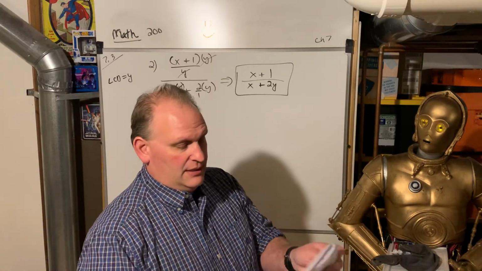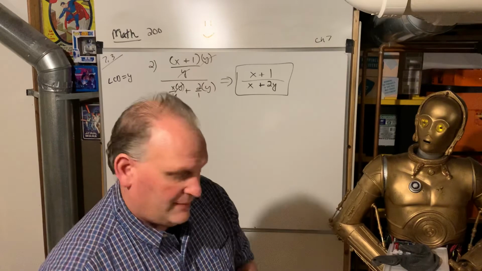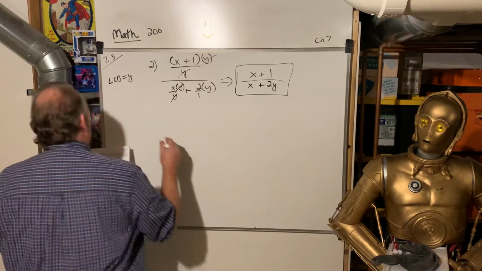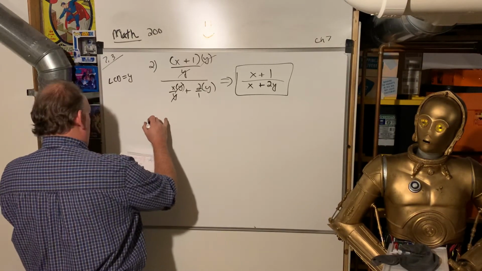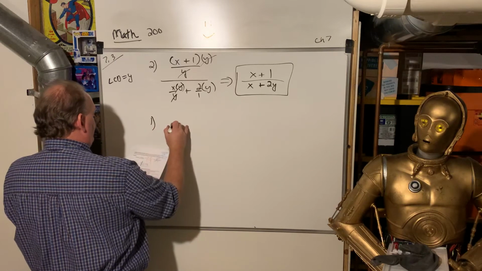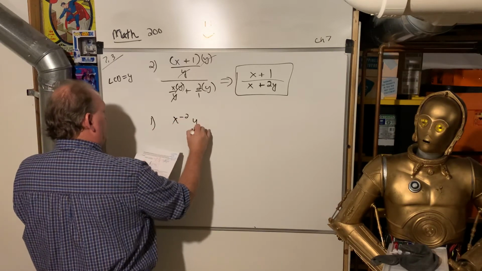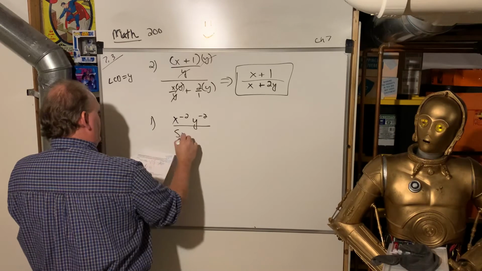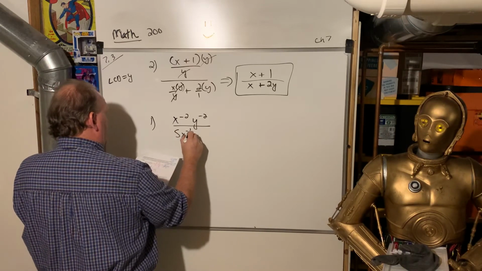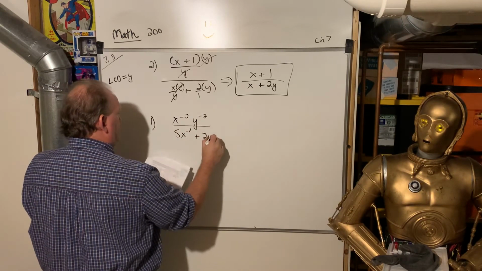All right. So let's look at one more problem, and then we'll go on to 7-4. So we have x to the negative 2, y to the negative 2, over 5x to the negative 1, plus 2 over y to the negative 1.